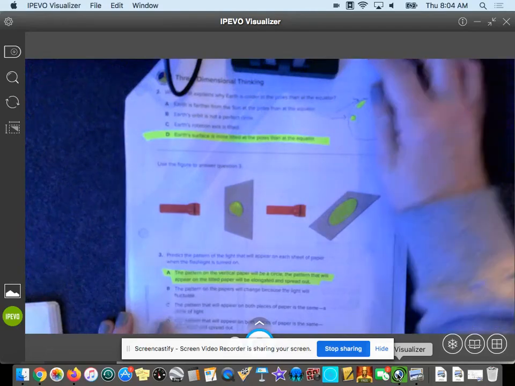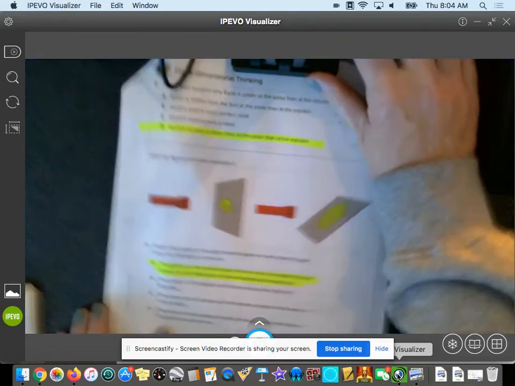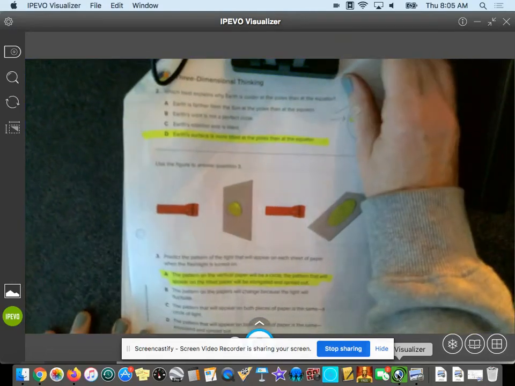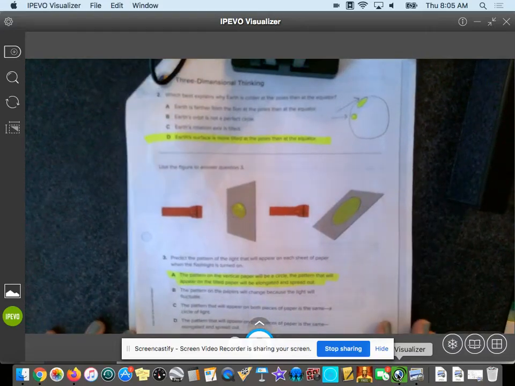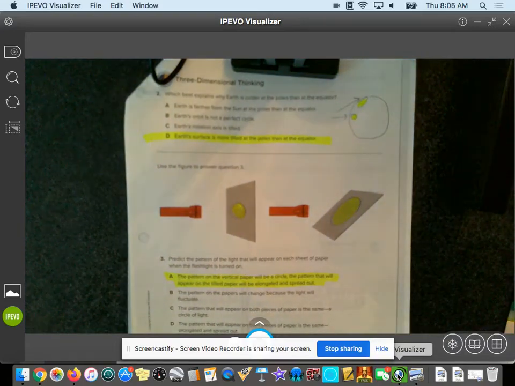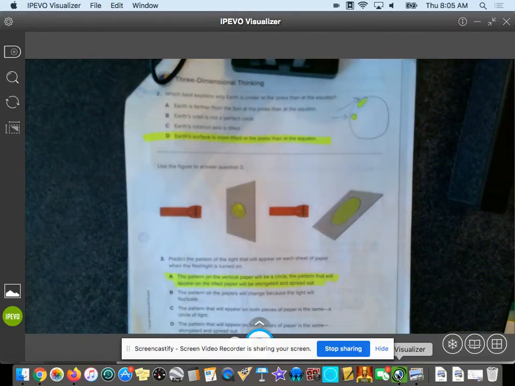All right, here's the answers. But I'm gonna give you a little explanation as we go over the answers. So, yeah, number 2, it says, which explains why Earth is colder at the poles than at the equator. So I'm going to go through each one.